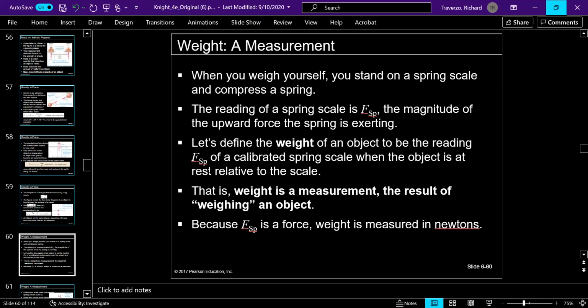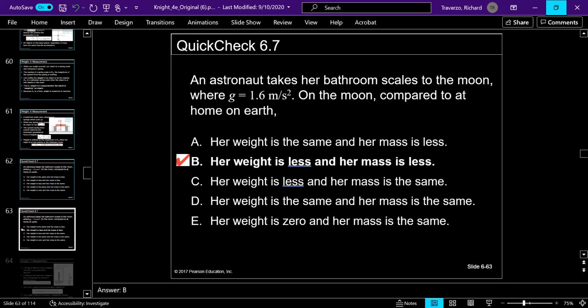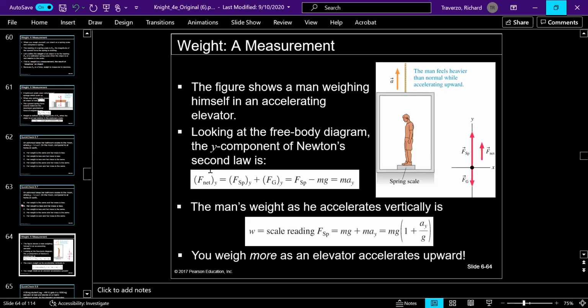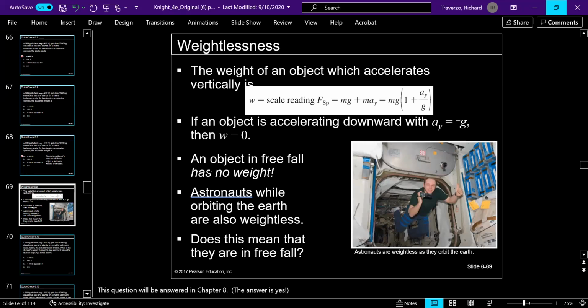The slides are pretty decent for this. Skip these. Skip that. Aha. The so-called phenomenon of weightlessness.